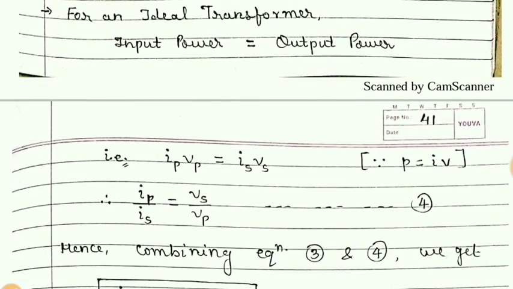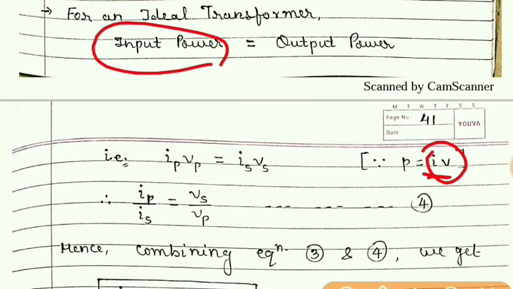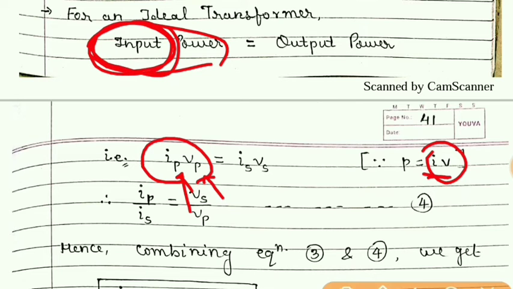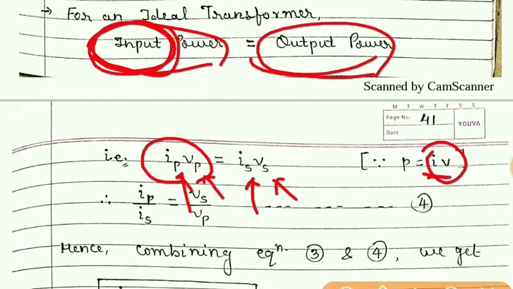So now we know that power P is equal to V into I, or I into V. So input power is equal to Ip into Vp. This P is for primary because at the input side the coil is the primary coil, and at the output side the coil is the secondary coil. So output power is Is into Vs.